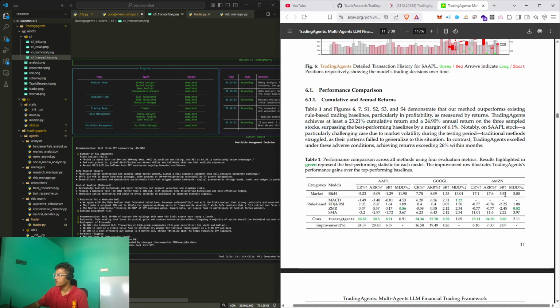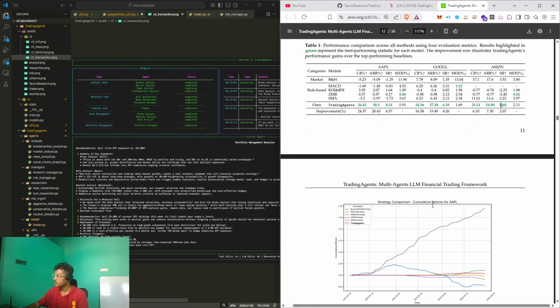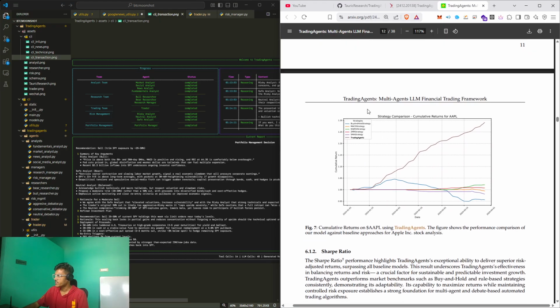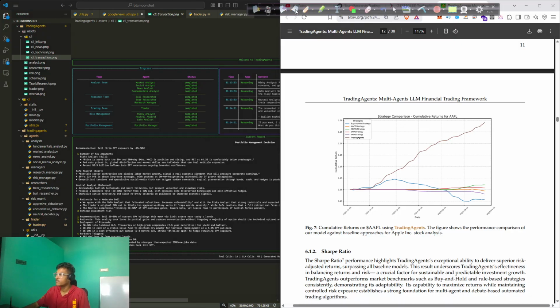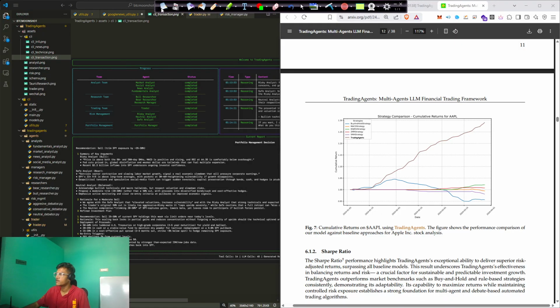Okay, here we had Amazon. And you can see the performance of the model. This is for trading agents, right?